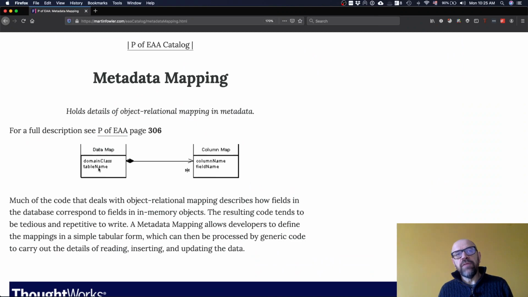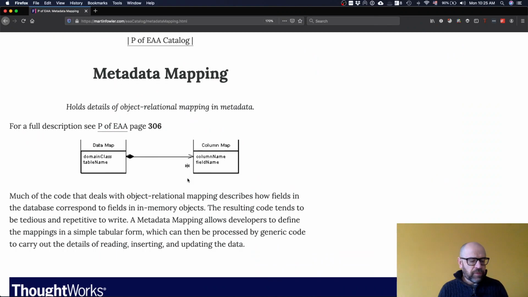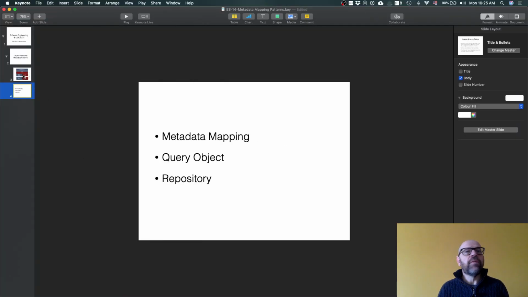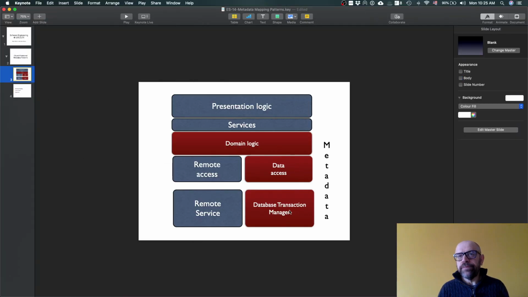Actually, this information is collected from your code, in your case in JPA, by reading the entity classes and the information you have there about the tables. But the advantage of having this in terms of metadata is that then you can have very generic code that reads this information and generates or interprets it in order to provide all the mappings, in order to support part of what is around here.